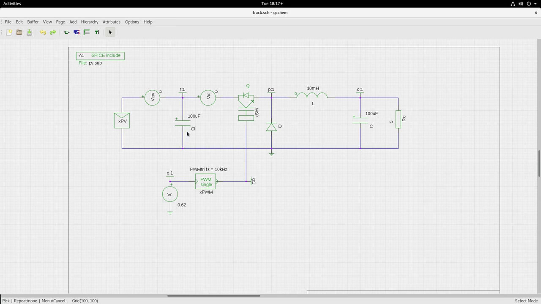So now let us simulate this. What should be the value of duty cycle? I have put it at 0.62 for an R0 of 5 ohms. How do we find this value of duty cycle? Let us run the reachability check and then find out the values.